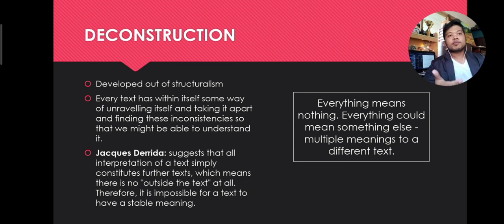For example, with the abstract painting, if you're doing a very structural approach, you take every component: the brush strokes, the colors used, the meaning of those colors, the overall shape, which would constitute the overall expression of that particular abstract painting. Now, if you're going to use a deconstruction approach to critique an abstract painting, we won't be taking out the components. Instead, we'll be putting those components in different areas.